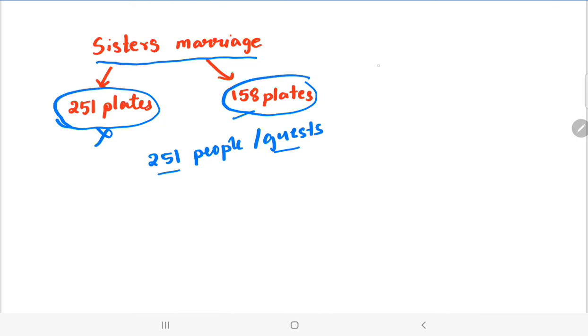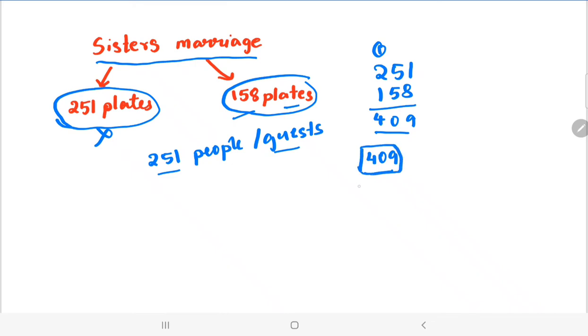Now what you will do is add them. You will add 251 and 158. If I add them, I am going to get, here 1 will come, and it is 409. So you are going to the shopkeeper who sells the plates, and will you ask him to give 409 plates?